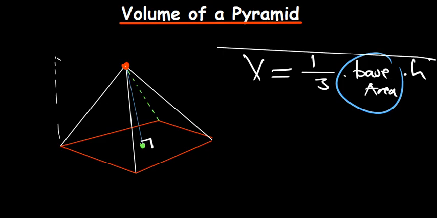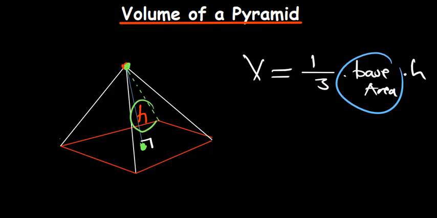And that's why this formula comes about. The other kind of question they usually like asking about pyramids is to determine the height, how high it is from the peak of the pyramid down to the base, the length of the height inside there.